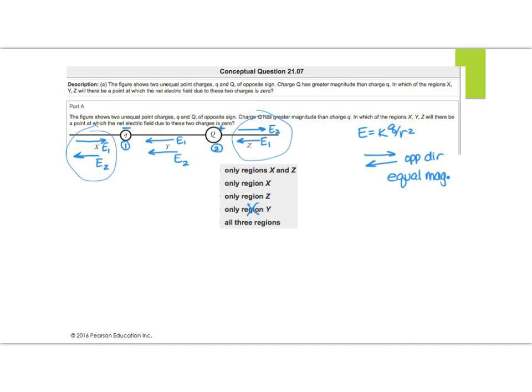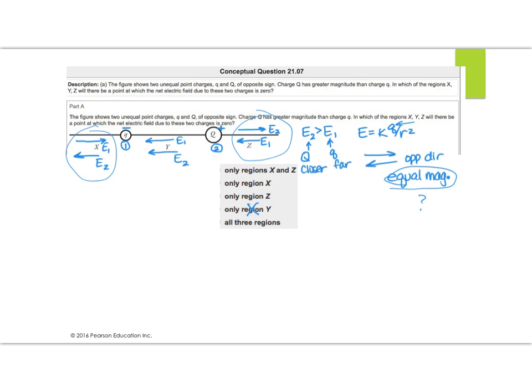but we also have to ask ourselves, would they be in equal magnitude? Keep in mind that the charge has something to do with how strong the electric field is. And in region Z, E2 will be much stronger than E1 because this is due to the big charge and we're closer to it. This one is due to the little charge and we're far away.